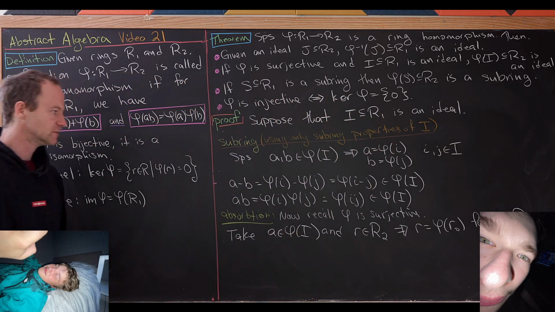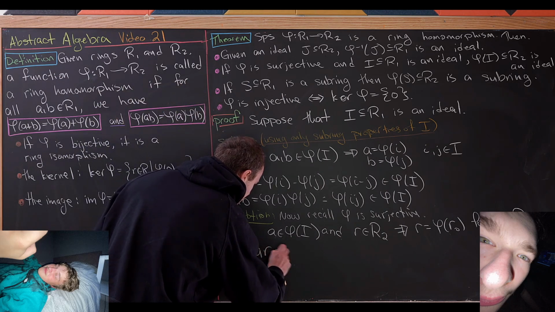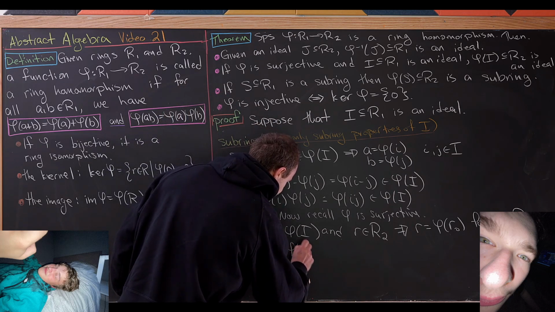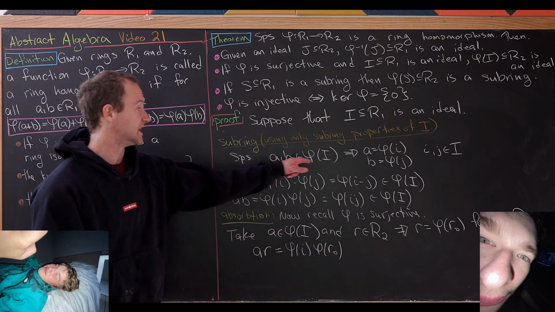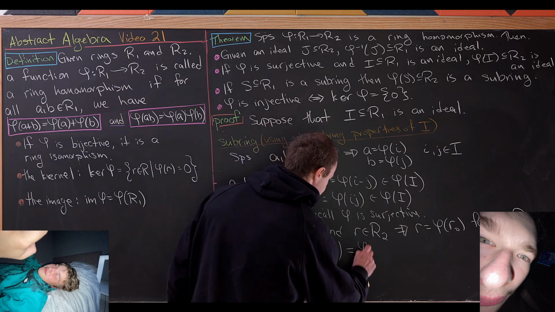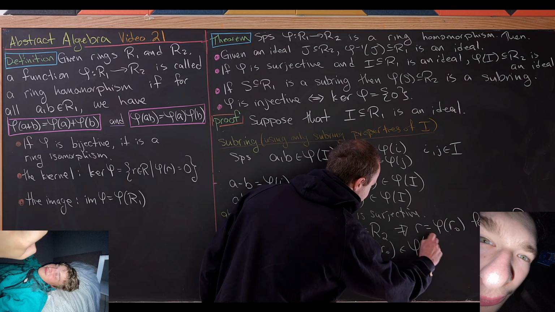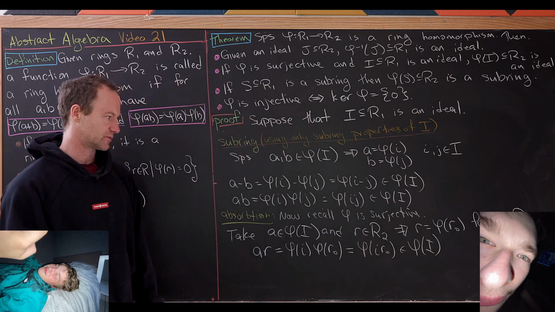Now we can essentially just get to it. Notice that A times r is the same thing as phi of little i times phi of r naught. Here I'm adopting our notation from right here. Since we have a ring homomorphism, this is phi of i r naught. But that's inside of phi of I because I is an ideal, so it has the absorption property.